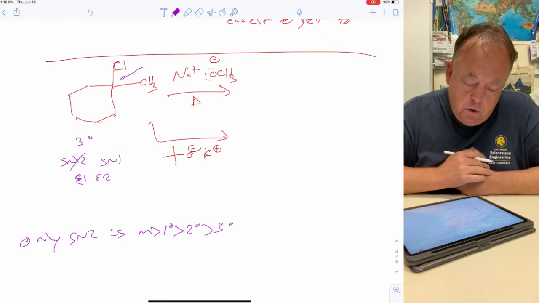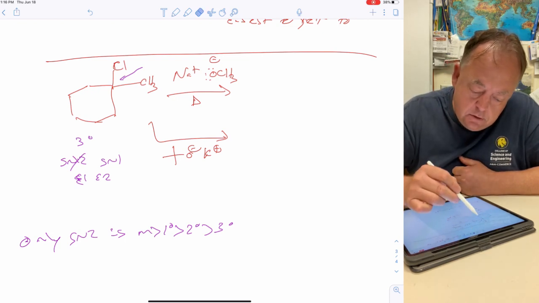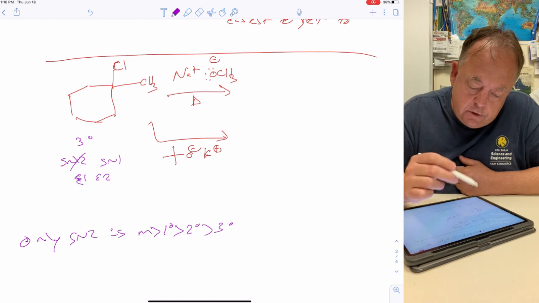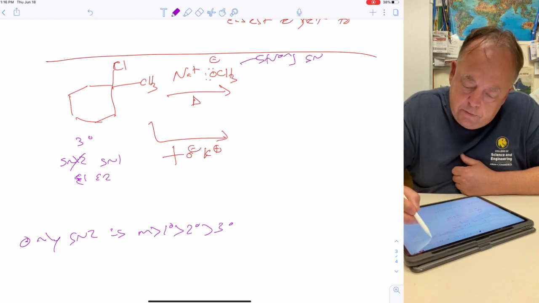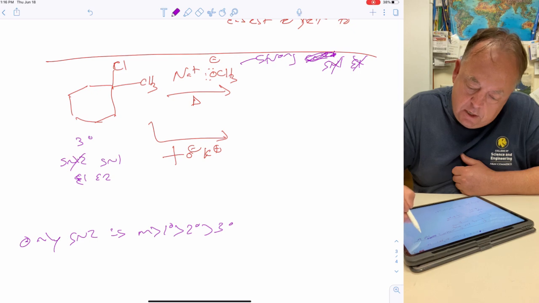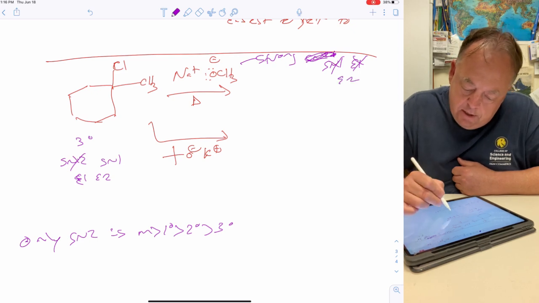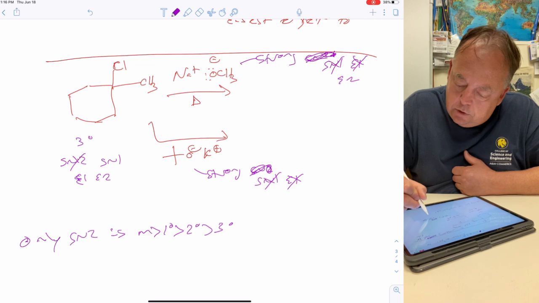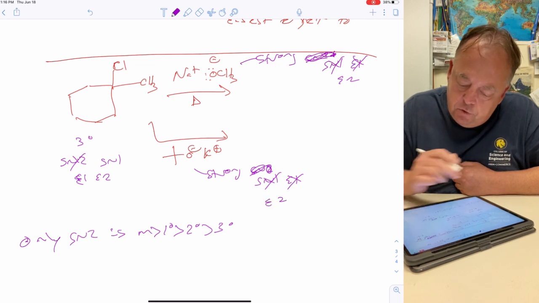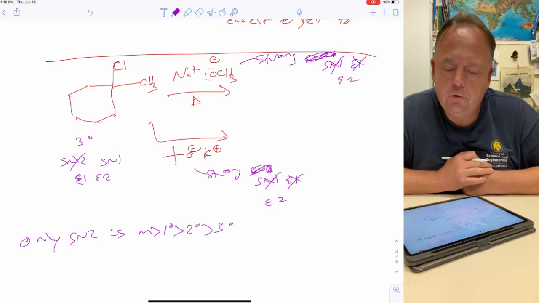Okay, so this is strong. So that's going to eliminate SN1, and that's going to eliminate E1, but E2 is still okay, and this is strong. So SN2 is already gone. So that's going to eliminate SN1 and E1, and E2 is okay because E2 likes strong base, strong nucleophile.